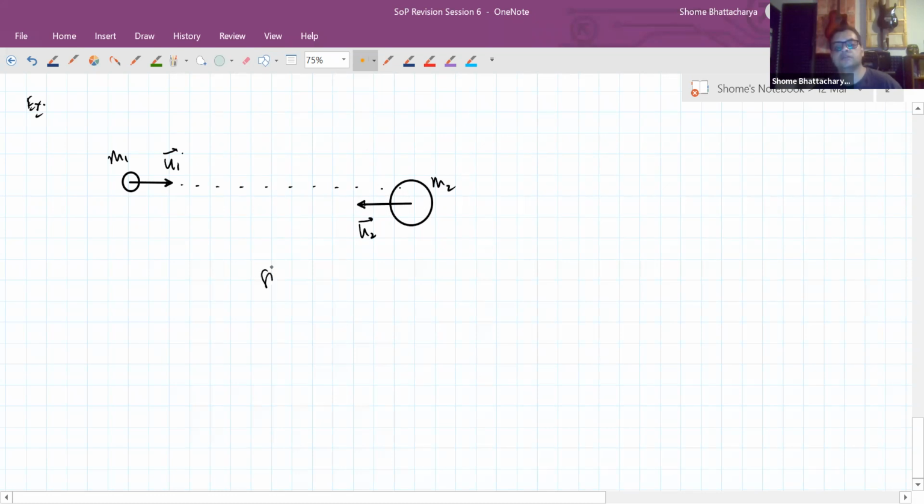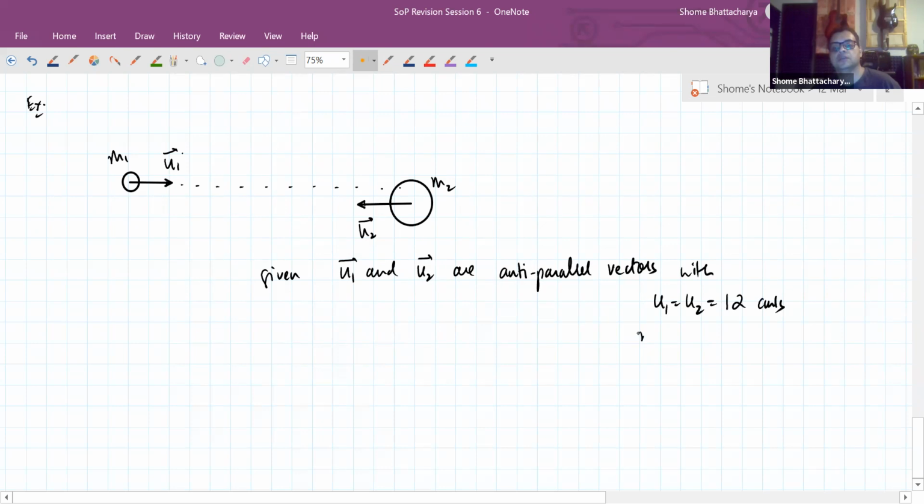So given that u1 and u2 are anti-parallel vectors with magnitude of u1 equal to magnitude of u2 equal to, let us say, 12 centimeters per second, and m1 is 20 grams whereas m2 is 50 grams.